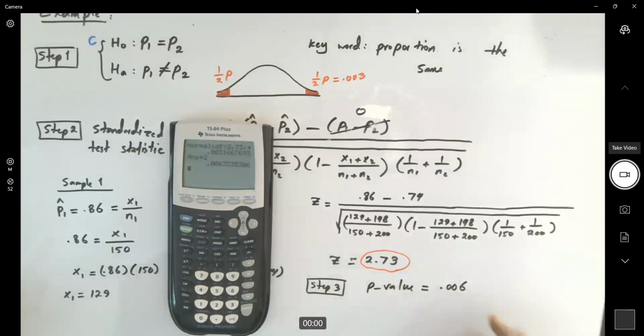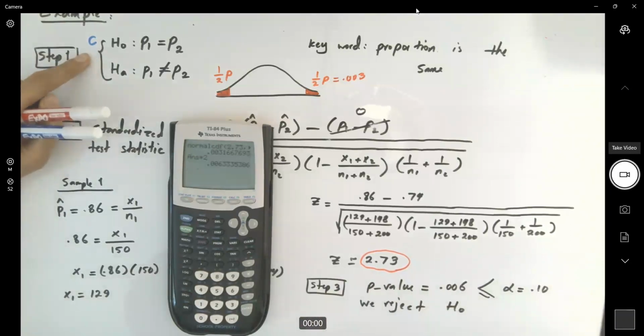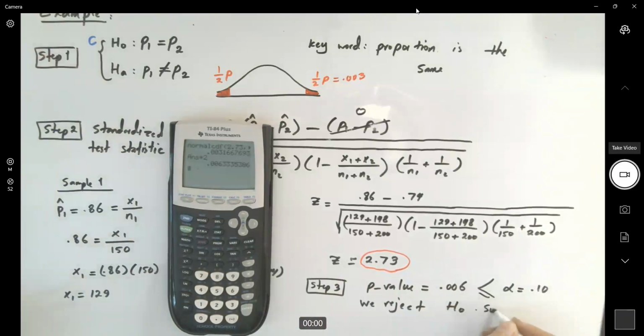So obviously the p-value is less than or equal to alpha, which is 10%. Since the p-value is less than alpha, we reject the null hypothesis. So it means that we reject the claim, because the claim and the null are the same thing.